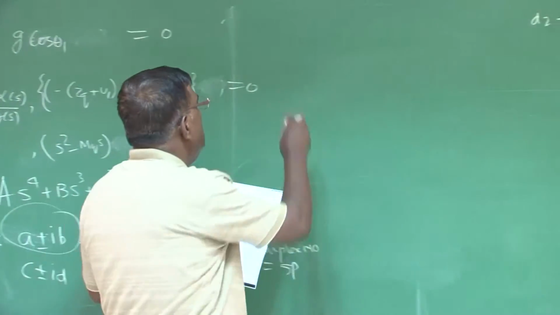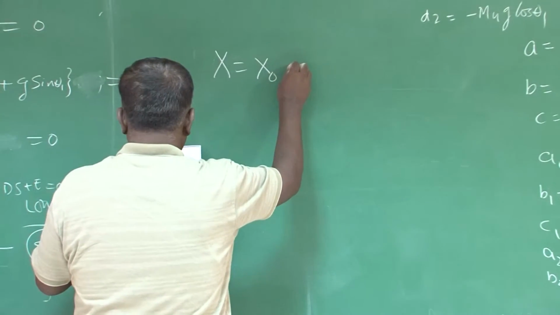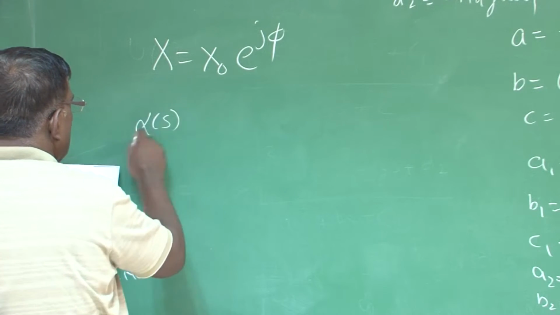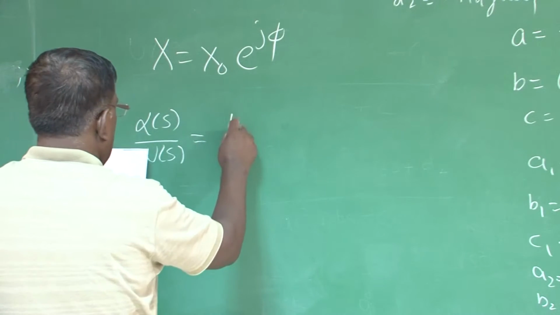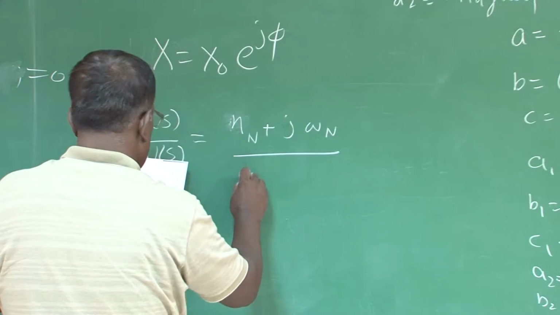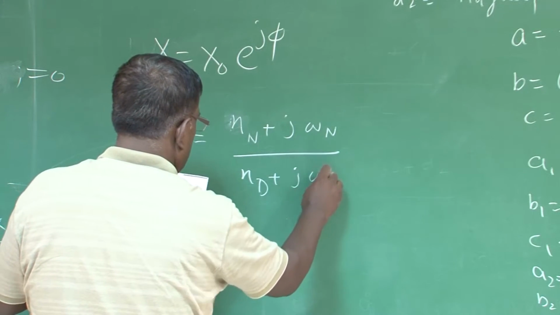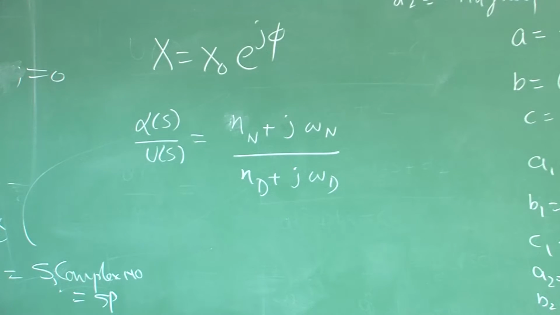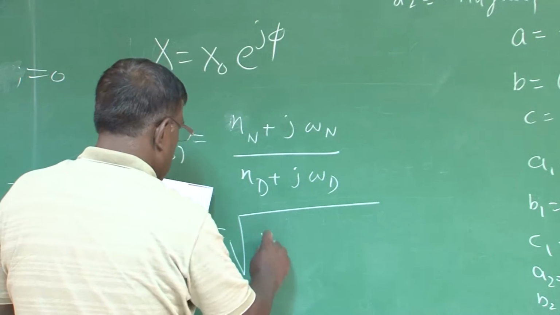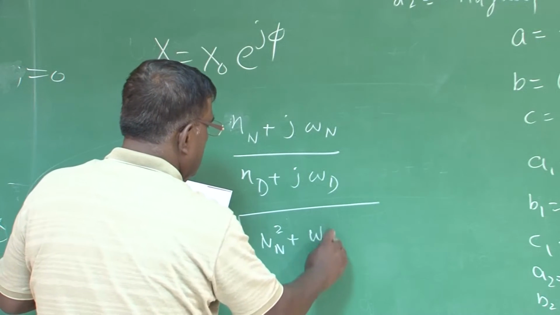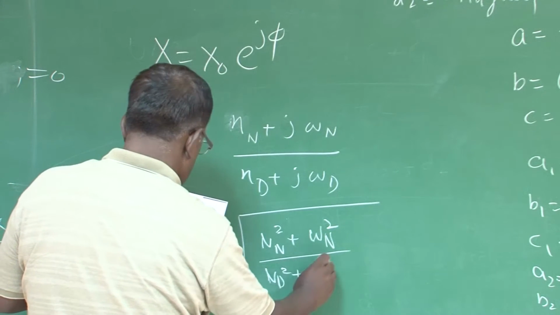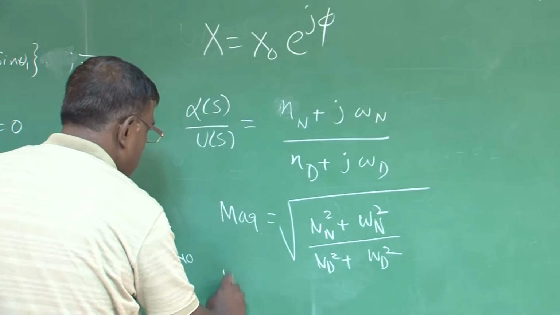Just to revise your understanding of complex numbers: if I have a ratio of alpha of s by, let's say, u of s as N numerator plus j omega numerator by N denominator plus j omega denominator, so the complex number has this sort of form, then I know the magnitude will be given as the square root of N numerator square plus omega numerator square, by N denominator square plus omega denominator square.